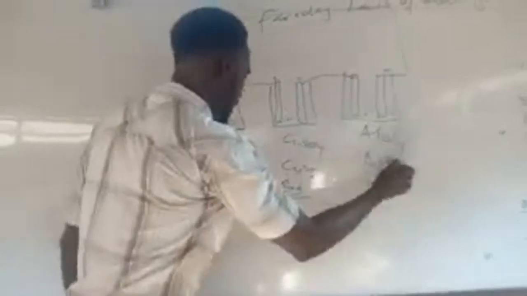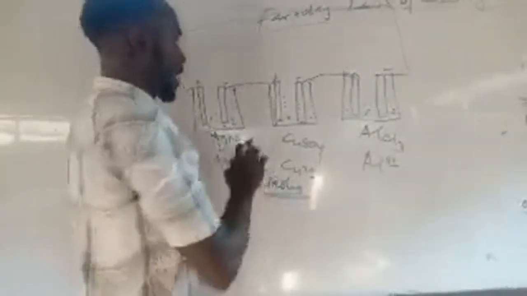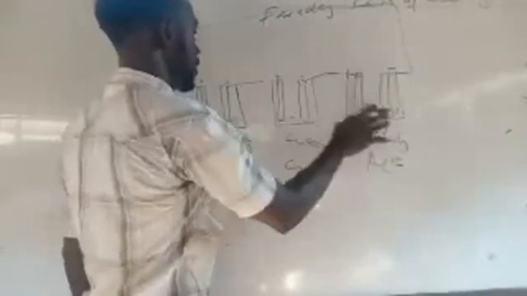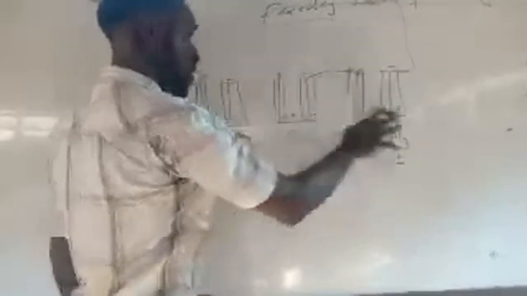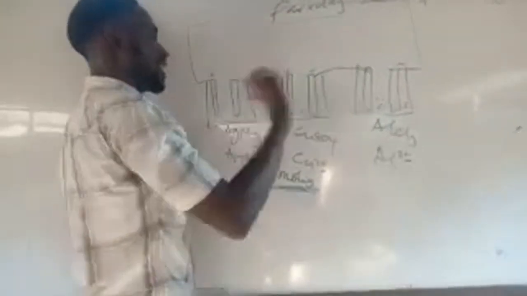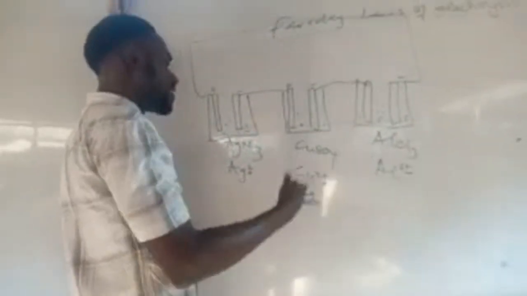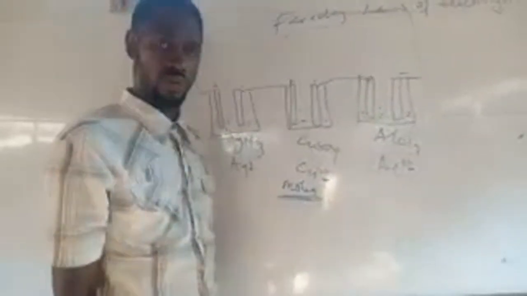Second law of Faraday, if you have your pen there, states that when the same quantity of electricity is applied through different electrolytes in an electrolytic cell connected in series, as you can see here on the board, the number of moles, and not mass, of elements discharged at the electrodes is inversely proportional to the charges present on the ions of the elements in question.